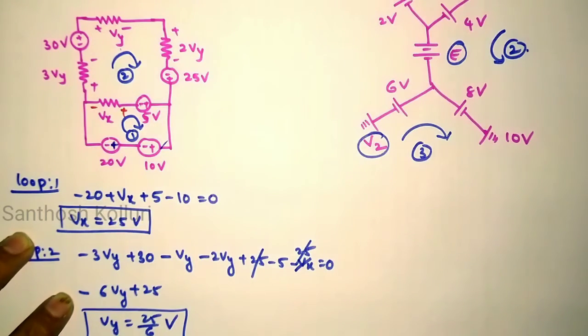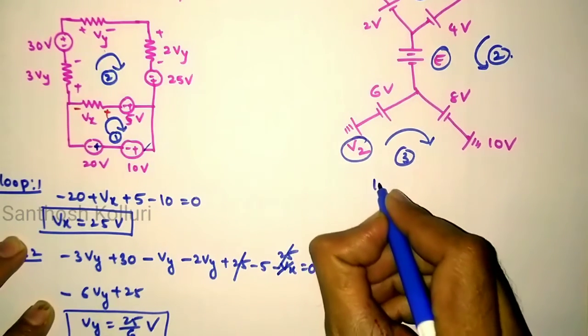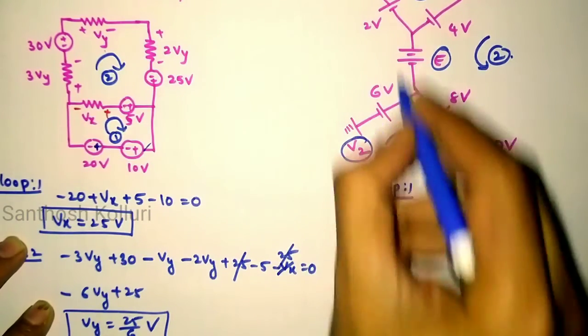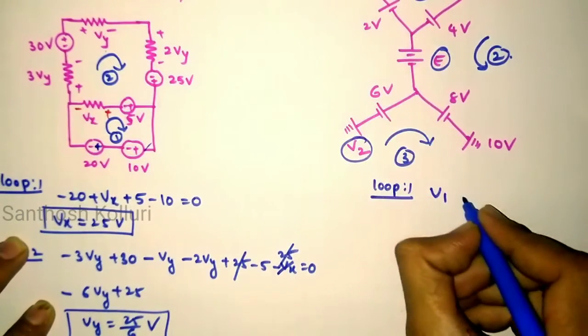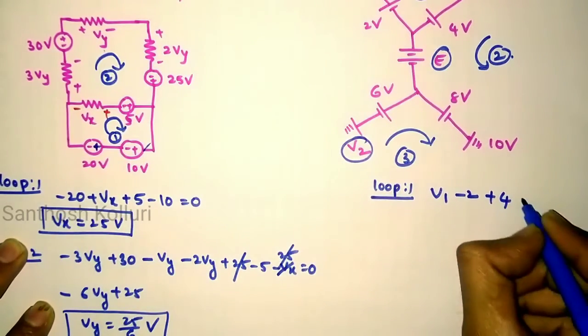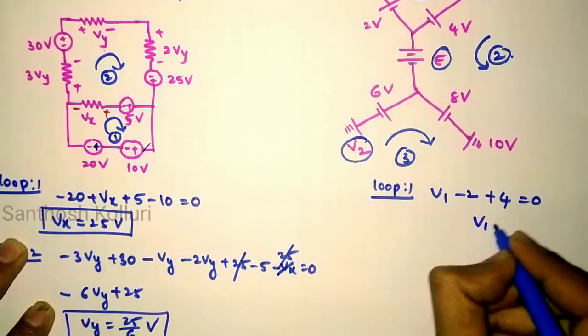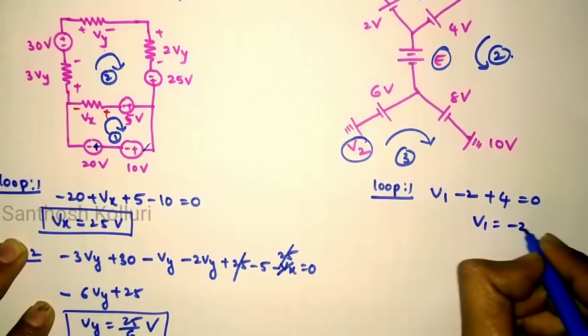Apply KVL in the first loop, loop number 1. V1 plus is there, I am writing minus 2 volts, minus is there, I am writing plus 4, is equal to 0. Therefore V1 is nothing but 2 minus 4, so it is minus 2 volts.